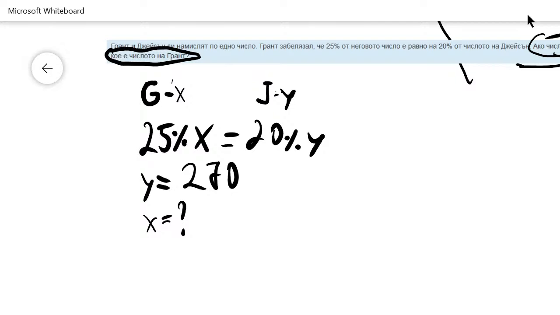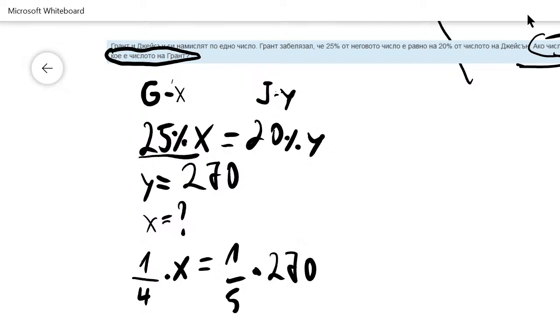So we have a pretty easy equation here. We can type this like 1/4 multiplied by X is equal to 1/5 multiplied by 270. So we can just make it like this, or I'll just type it like this because it's easier to see and you won't mistake it.